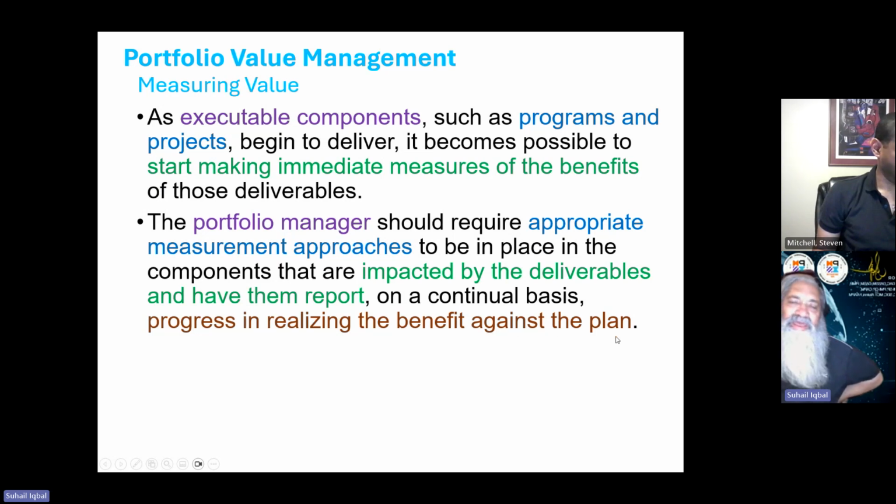So if the program managers feel they are unable to realize the benefits, a mechanism has to be put in place. The measurement approaches by the portfolio manager should be employed so that the issue can be resolved.